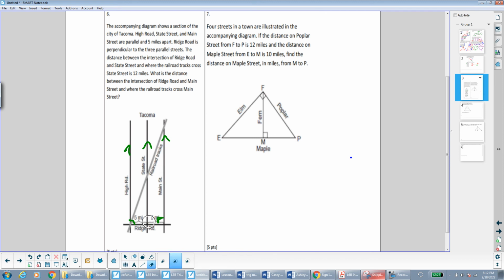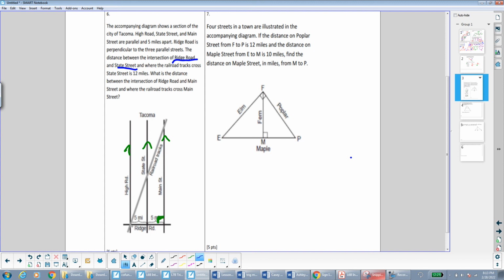I'm just going to leave this one, because if I leave this right angle over here, we can clearly see that we have a right triangle, and that's going to be helpful to us. The distance between the intersection of Ridge Road and State Street, so Ridge Road and State Street, they intersect.